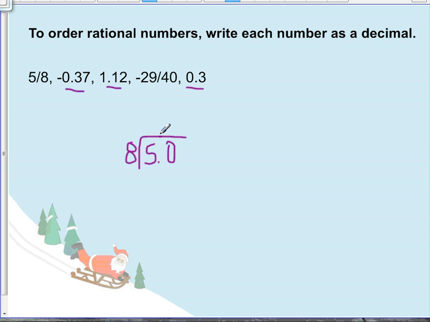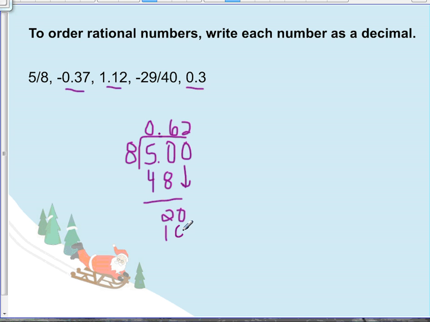Alright, so I know that 8 doesn't go into 5, goes into it 0 times, but 8 can go into 50 6 times. 48, 50 minus 48 is 2. Bring down another 0. 8 goes into 20 twice.